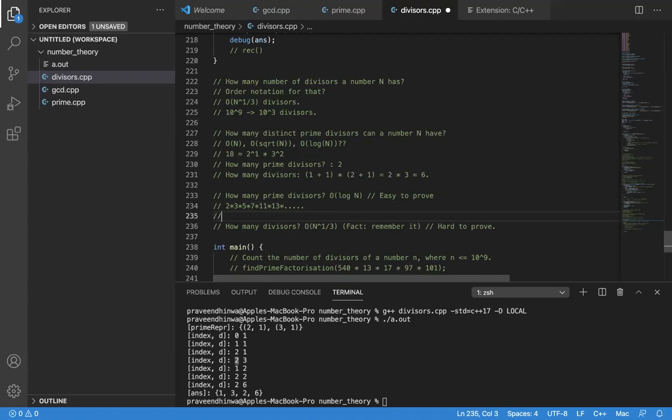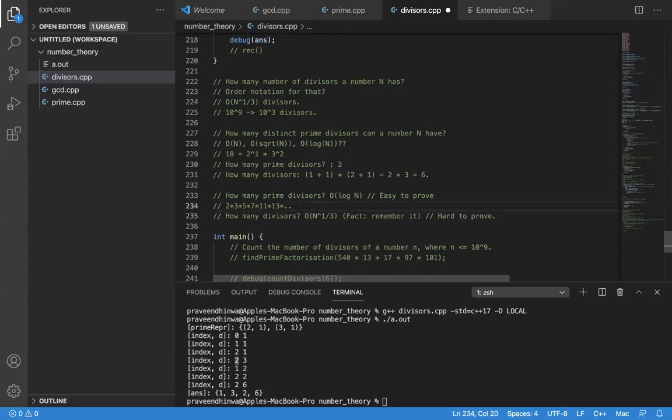You can see that 3, 5, 7, 11, 13, all of them are greater than 2. So this number will be greater than 2 into 2 into 2 into 2. So instead of 3, 5, 7, if you just replace it by 2, in that case itself, 2 power k. So let's say this number is equal to n.